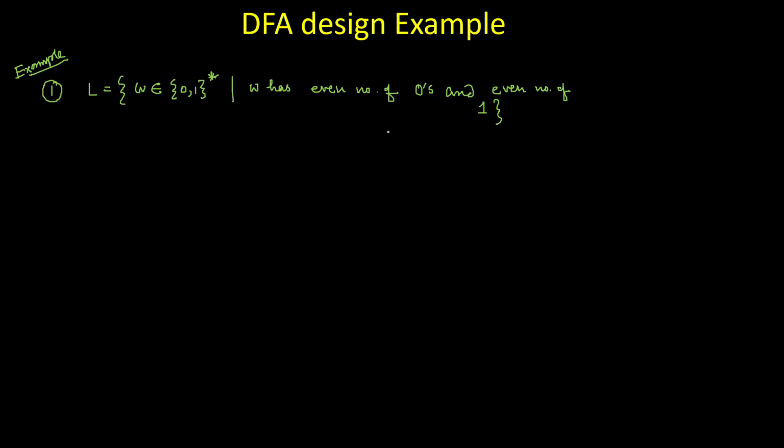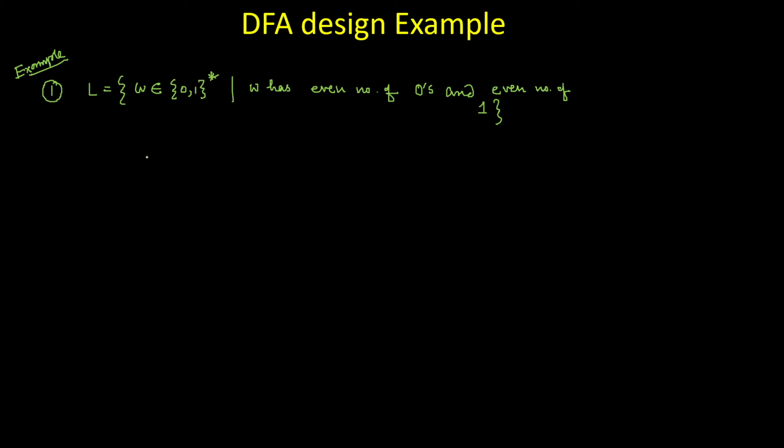So what I can do is, at the very beginning, consider the different cases possible for the number of zeros and number of 1s. Both can be even, both can be odd.